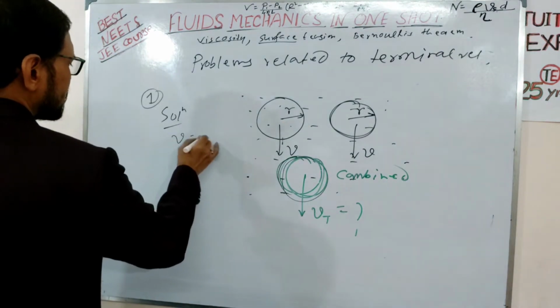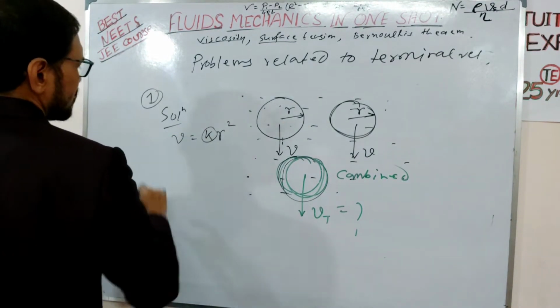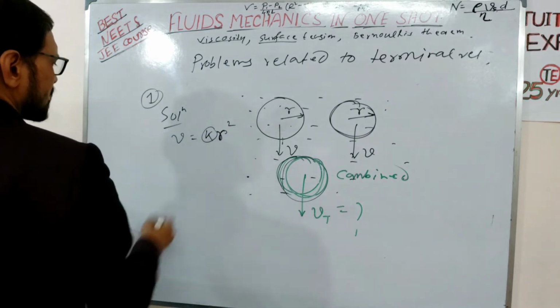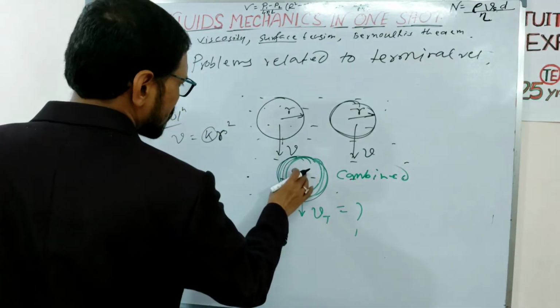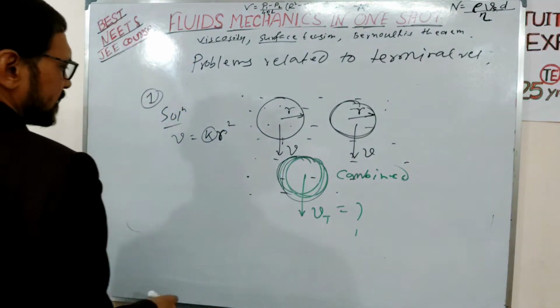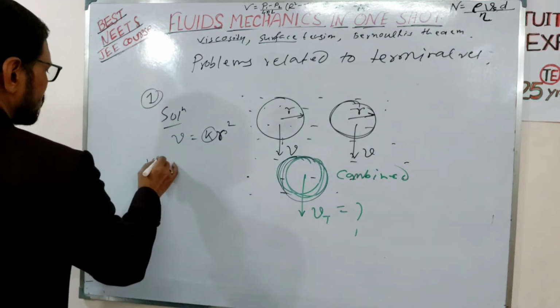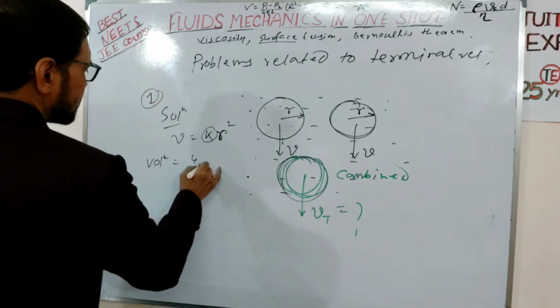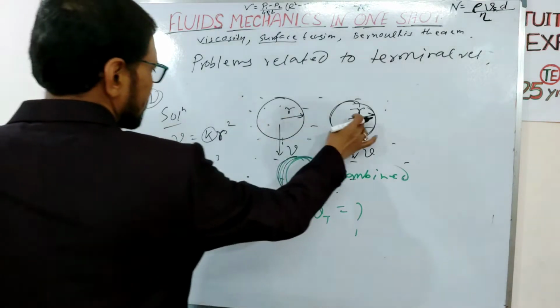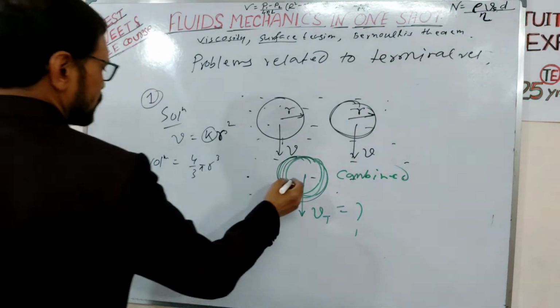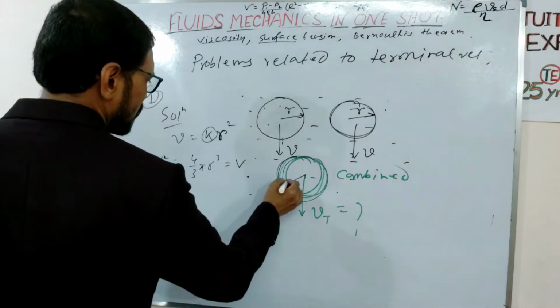We showed that v equals k r square, where k is a constant and r is the radius. So what is the radius of the combined ball? You have to find it. Volume v equals 4/3 pi r cube. Here the combined volume will be 2v.